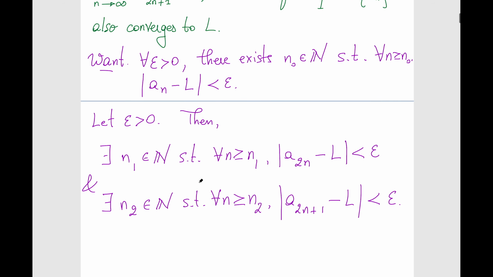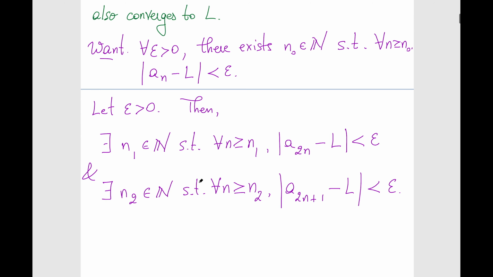The way I'm gonna define n naught is, how about being the maximum between twice n1, you're gonna see why, and twice n2 plus 1, correct?